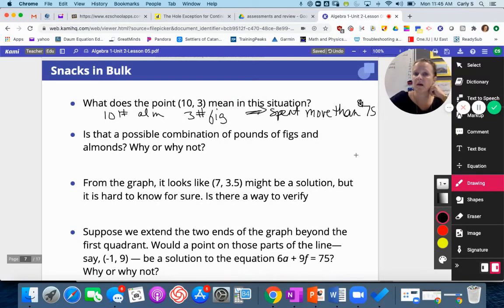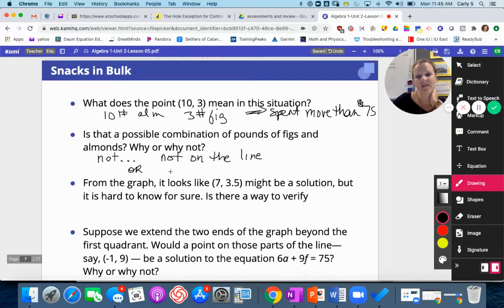Is that a possible combination of pounds of figs and almonds? Why or why not? It is not, because that ordered pair is not on the line. We could say it that way.